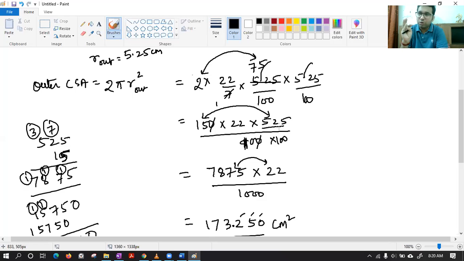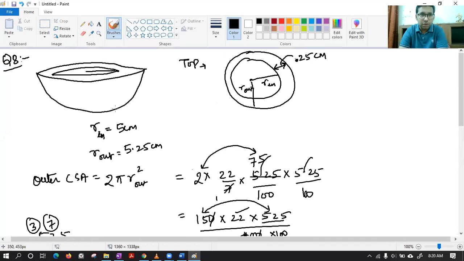Multiplying with 11, 22, 33, 44, 55 is easy, not that time consuming. So I did this multiplication in my mind and then with 22 and got the answer. But don't cut the 1000, please. If you cut them, it will be a problem for you, because you have to divide properly finally.